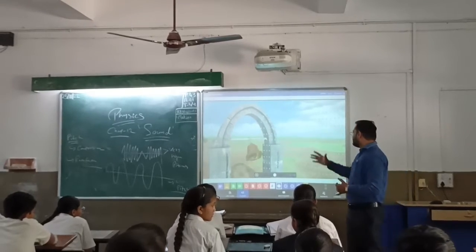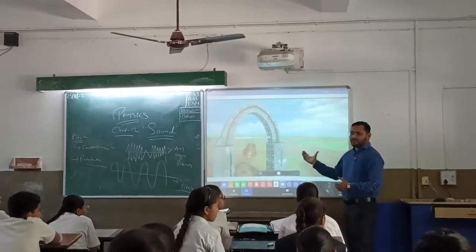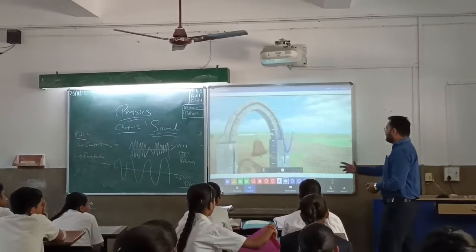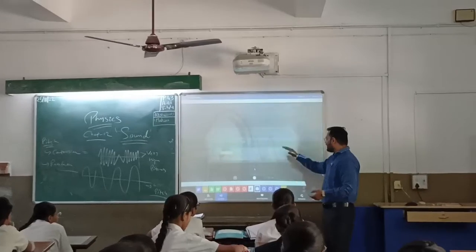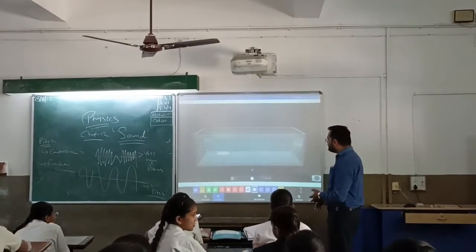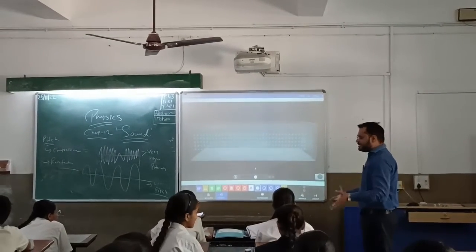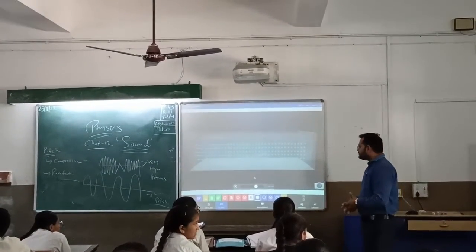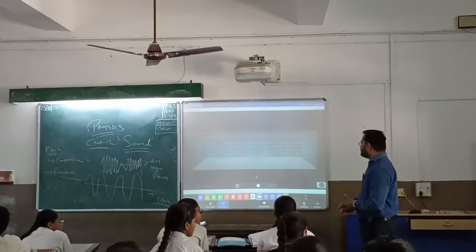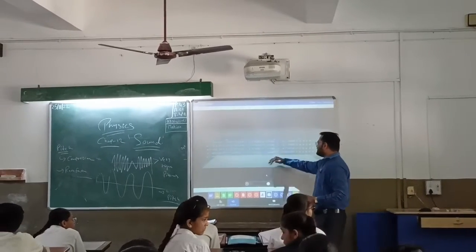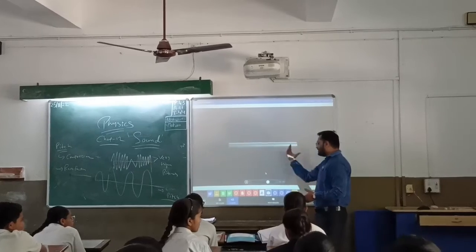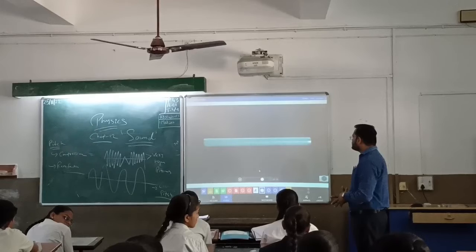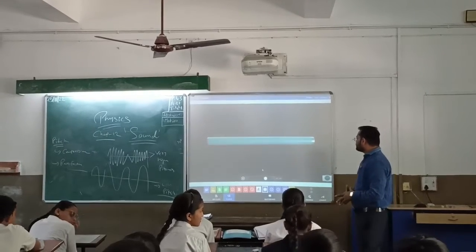and the compression. It causes vibrations in the surroundings, that is the amplitude. All these are moving around, which means the sound waves will require much less time.